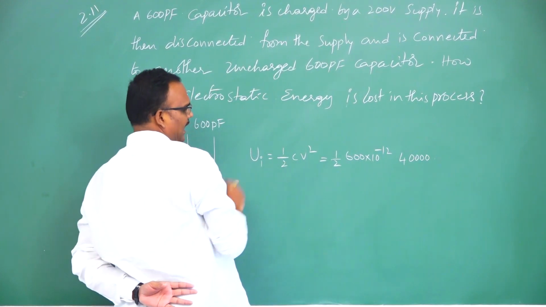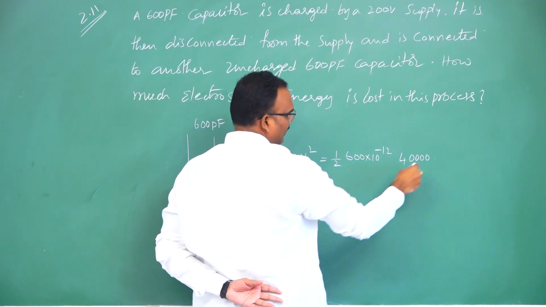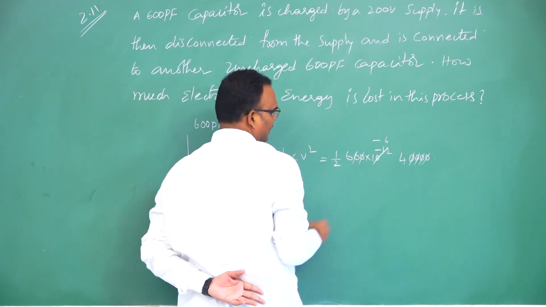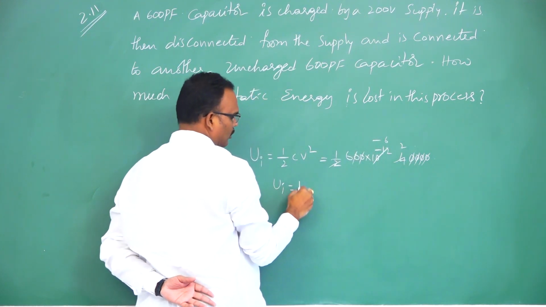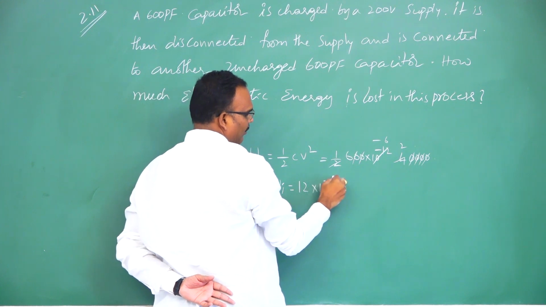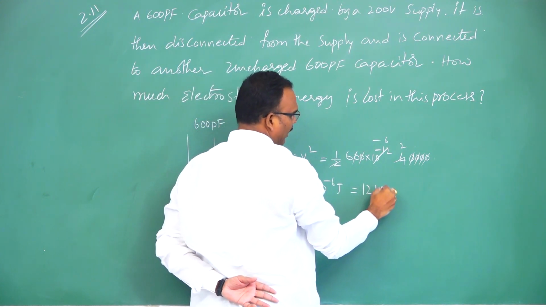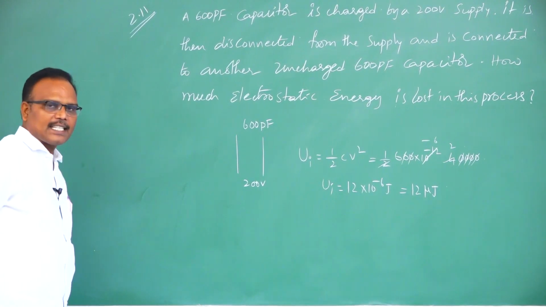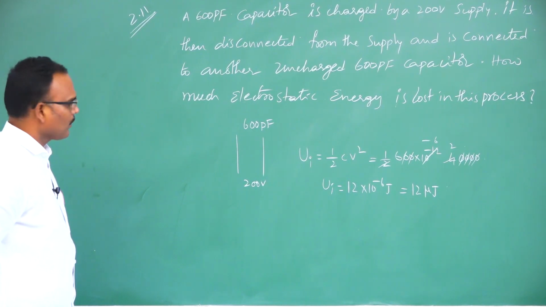This is the initial energy. 2 ones are 2, 2 twos are 6, 2 sixes are 12. So 12 into 10 to the power of minus 6 joule. This I can write as 12 microjoules. This much amount of initial energy is present on this capacitor.